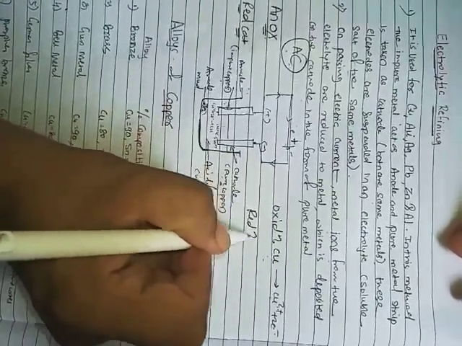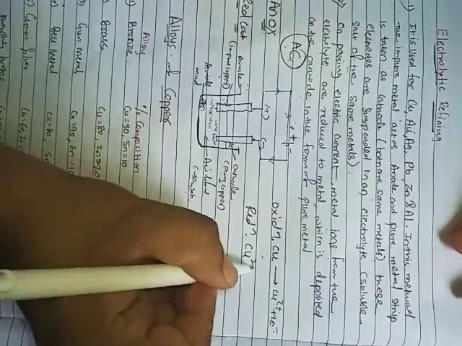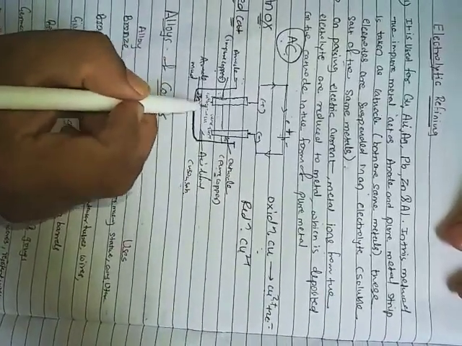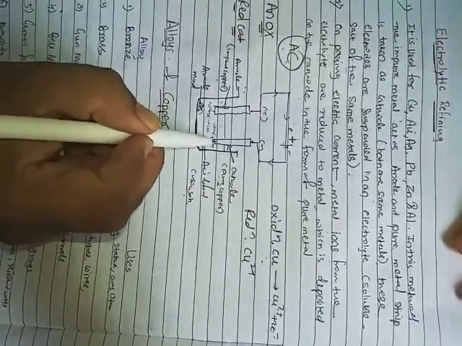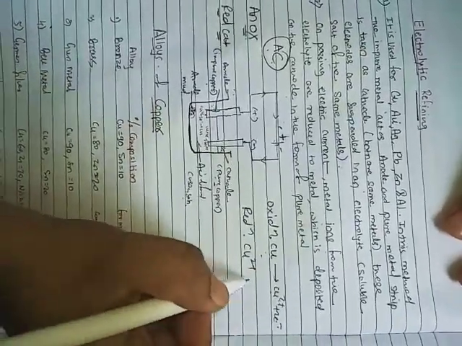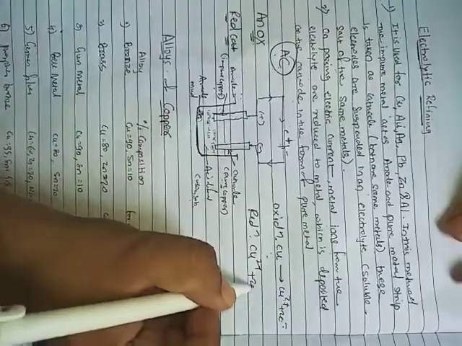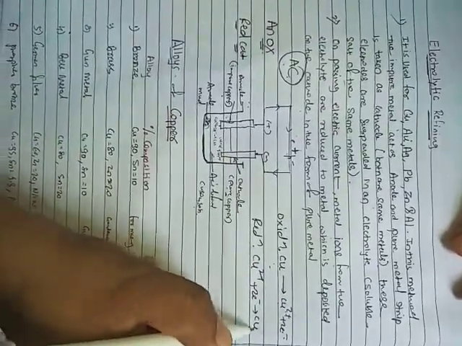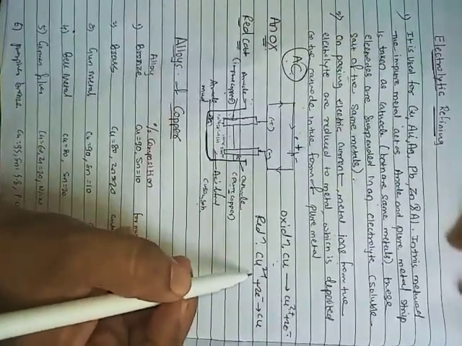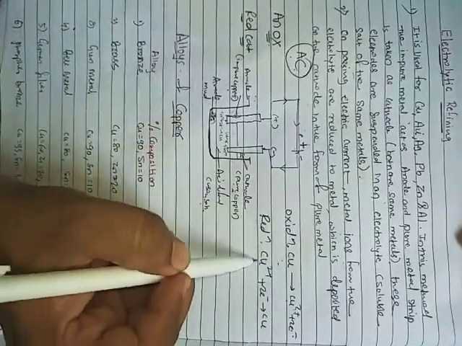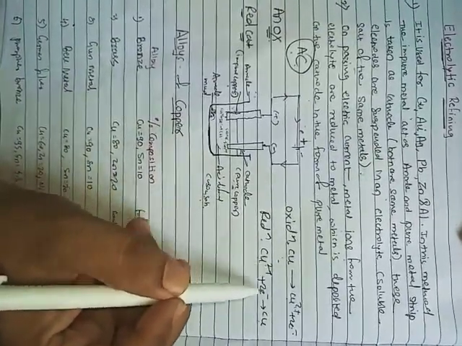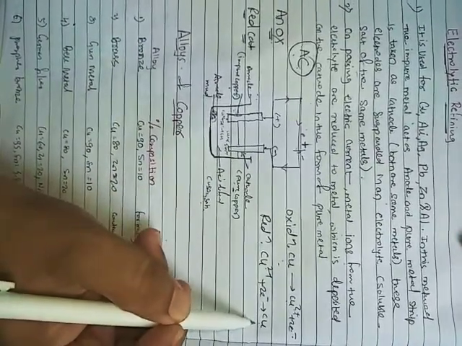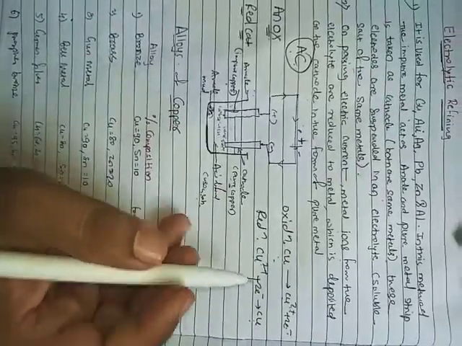And the reduction reaction: Cu2+ is what is taken up, forming the pure copper here. Cu2+ plus 2 electrons gives Cu. The atom balance is 1 Cu and 1 Cu, and the charge is 2 plus 2 minus, 0, and here also 0. So our reaction is totally correct.